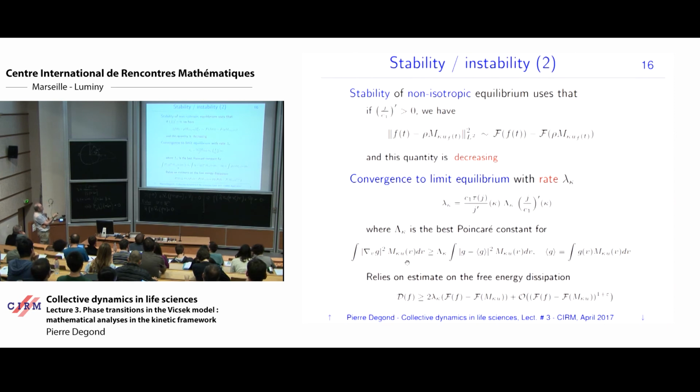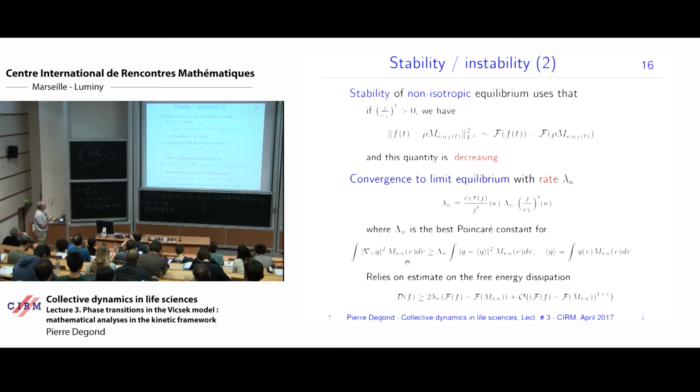So it's a small computation, and you show that this is true. But the problem is that that doesn't mean that you converge to a von Mises equilibrium. What you could have is that this U_F of t could constantly move along the circle and never stop. So you have to show that U_F also converges. And that's actually one big piece of the proof, to control that U_F.